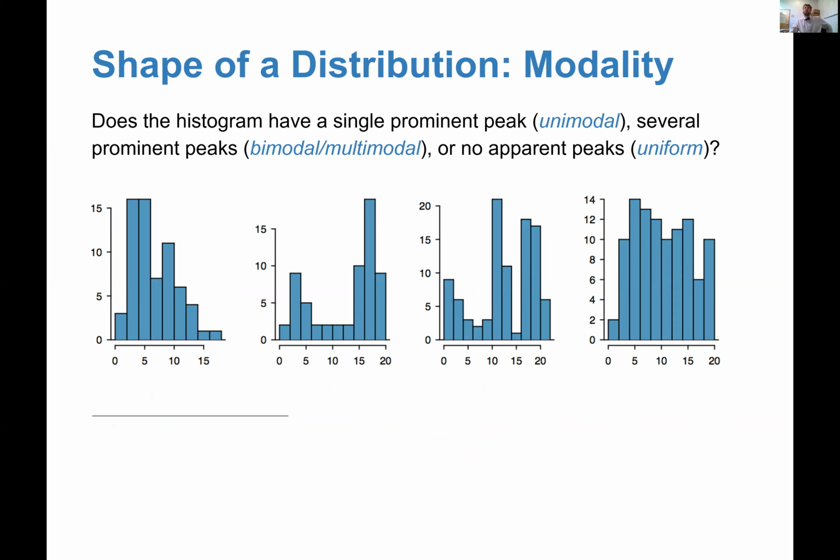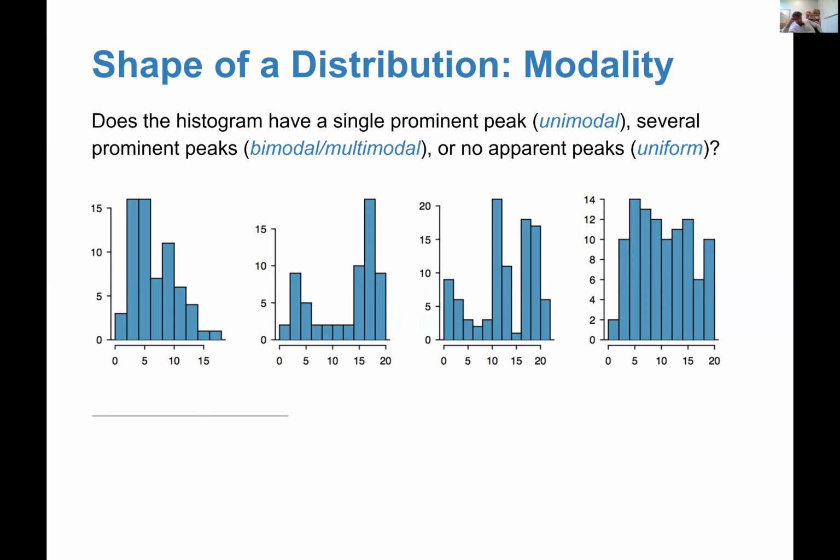Okay, now let's talk about the shapes of a distribution. Here are a couple different things that a distribution could have. It could have a single prominent peak, which we would call unimodal. Or it could have 2 peaks, that would be bimodal. Or it could have multiple peaks, and that would be multimodal. And if it's roughly flat, we would call that uniform.